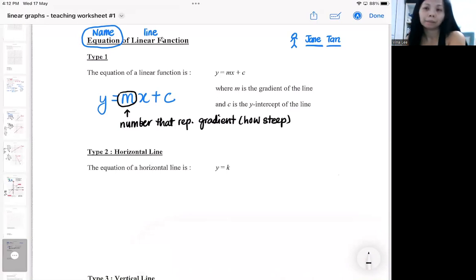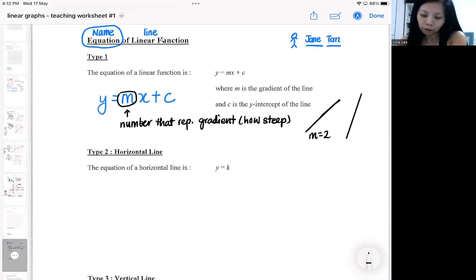a line is. Okay, so let's say the line is flying up. This line is also flying up. Which one is steeper? Steeper, as in you can imagine you need to climb a wall. Maybe this one is gradient 2.